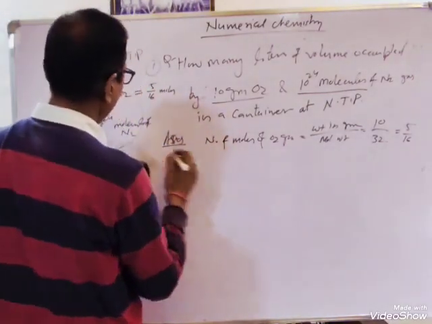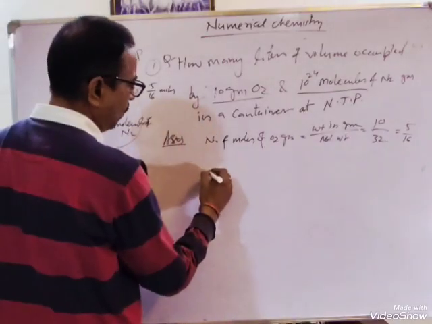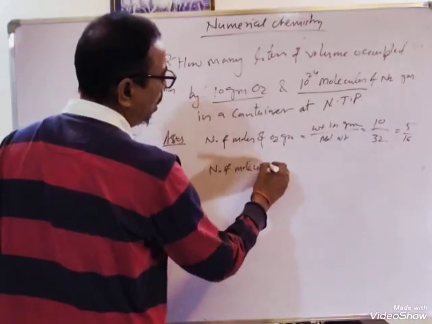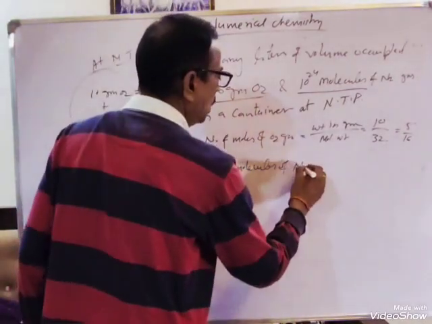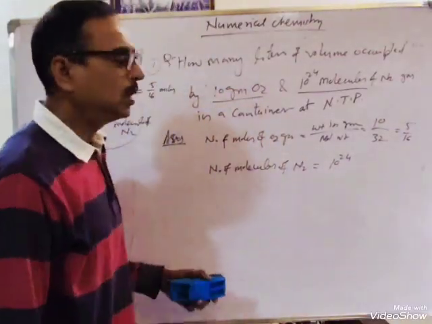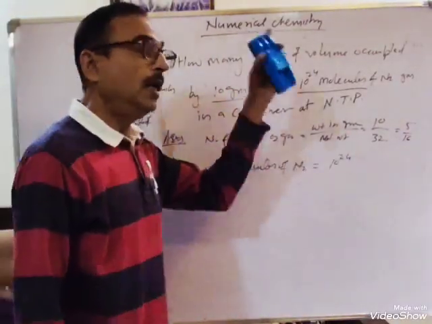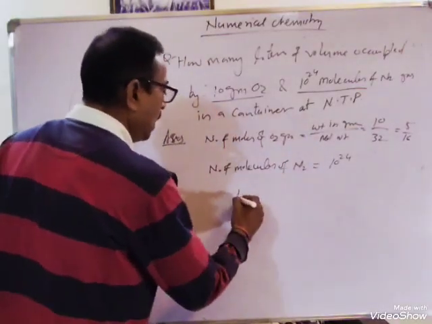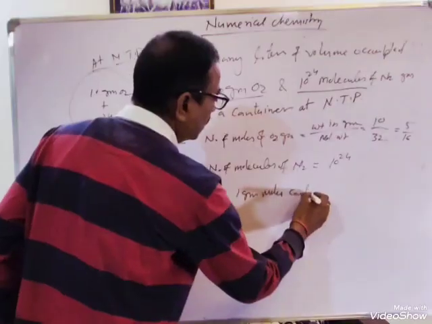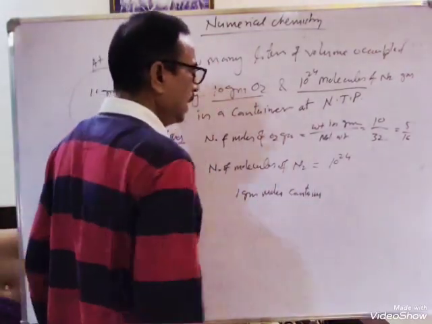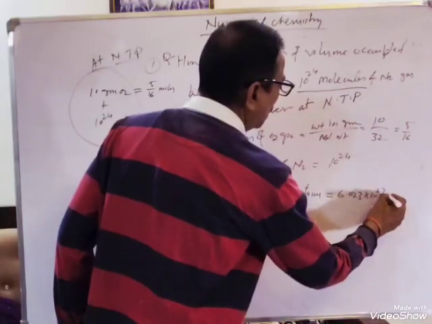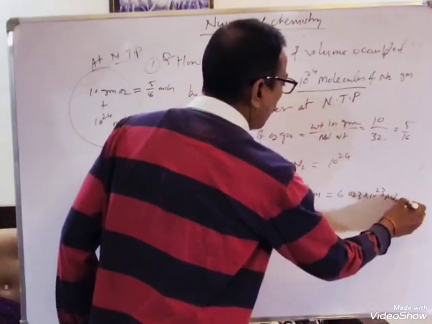Then second, number of molecules. Here what is given? Number of molecules of nitrogen is 10 की power 24. And you know 1 gram mole contains 6.023 into 10 की power 23 molecules.